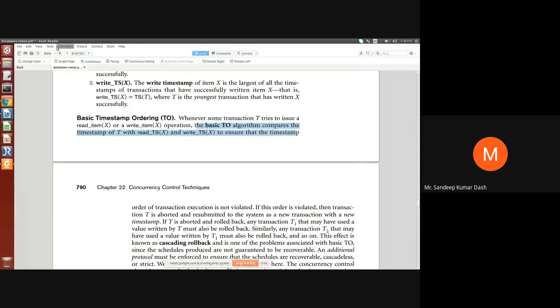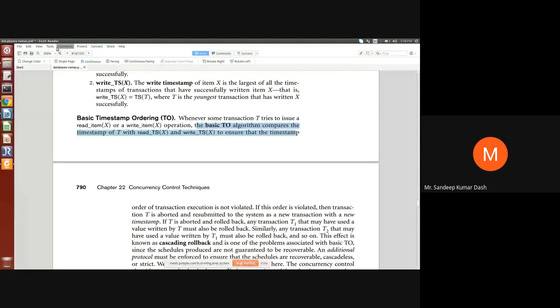The request of the lock was before T2 wrote. So T2 should have written after T1 has read it.